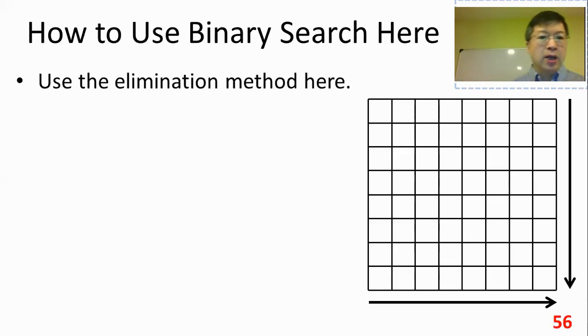So we still use the elimination method. We have used this method several times before, so we have this experience. The basic idea: try to eliminate as many elements as possible, based on the order information.